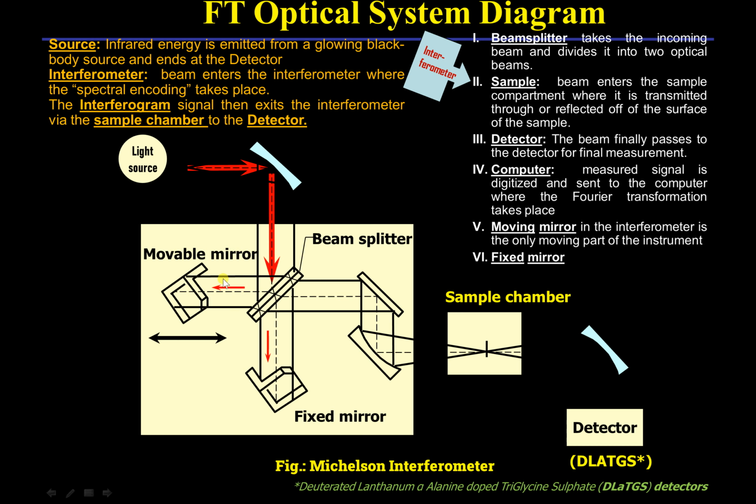This first goes to the movable mirror, and this goes to the fixed mirror, and then it again gets reflected back to the beam splitter, and from the beam splitter it is again reflected by another set of mirrors, and then it enters the sample compartment where it is transmitted or reflected through the surface of the sample.